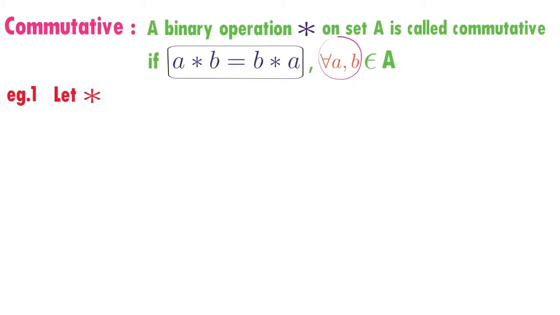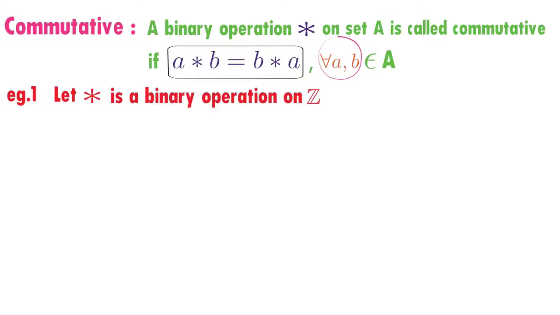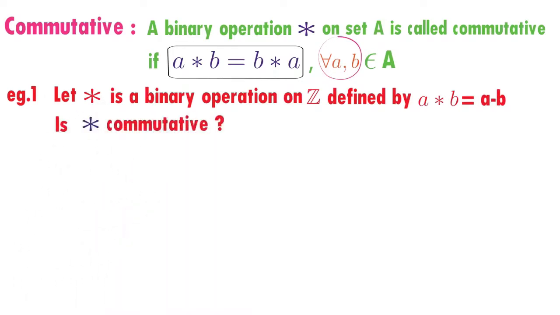Let star be a binary operation on the set of all integers. You observe here star is already a binary operation on Z. How is the star defined? A star B equals A minus B. Is star commutative? Now we need to check whether star is commutative on Z or not.